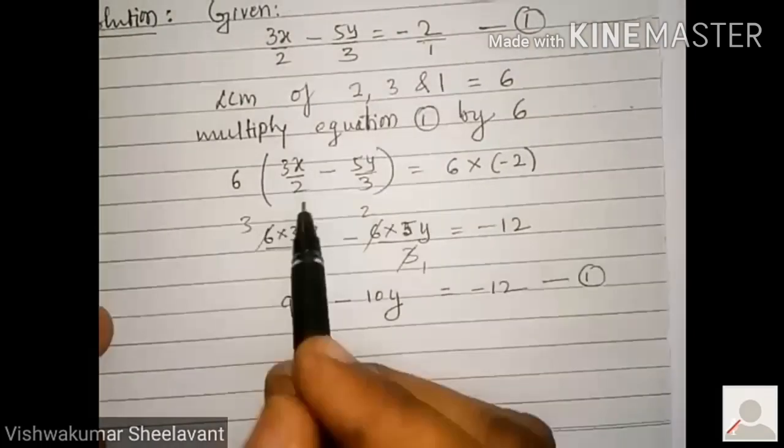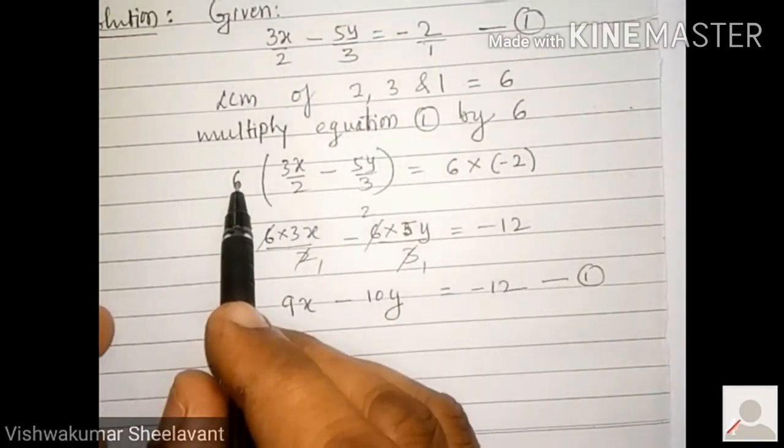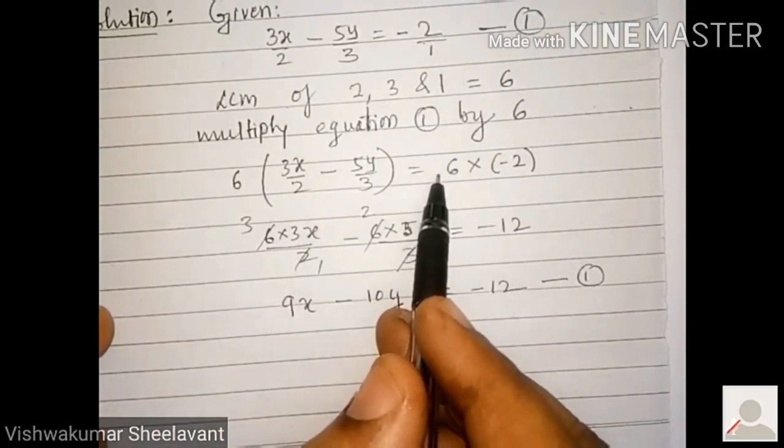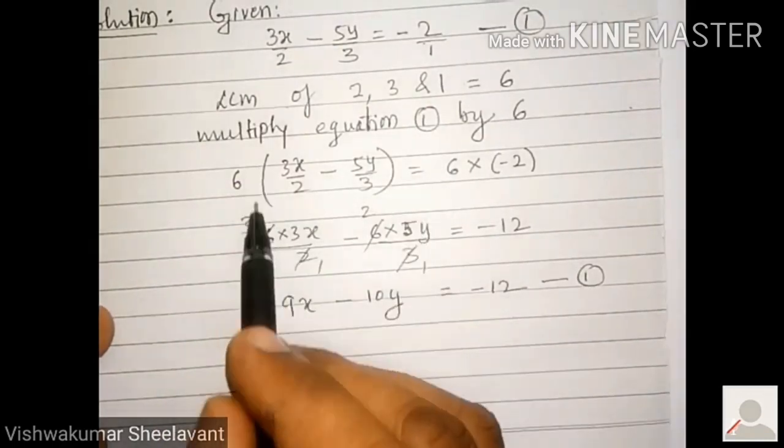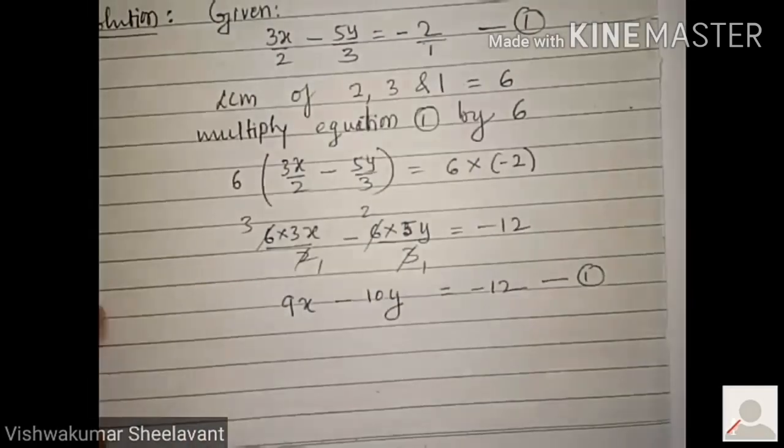Here I am not multiplying the denominator. I am multiplying only the numerator. If I multiply and divide by 6 here, then I will have to multiply and divide by 6 here.